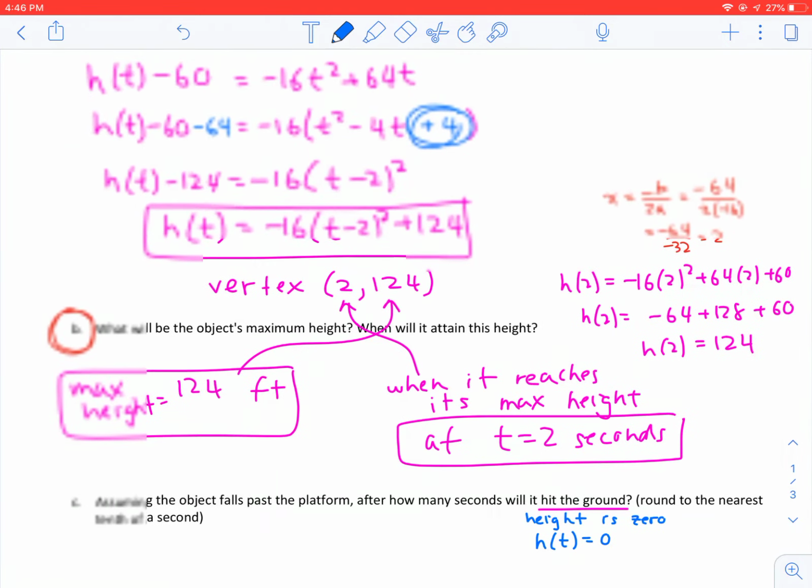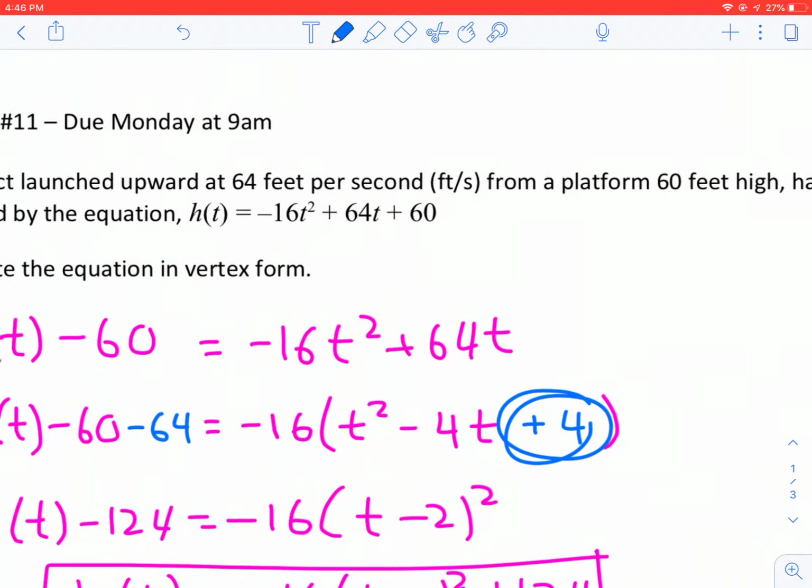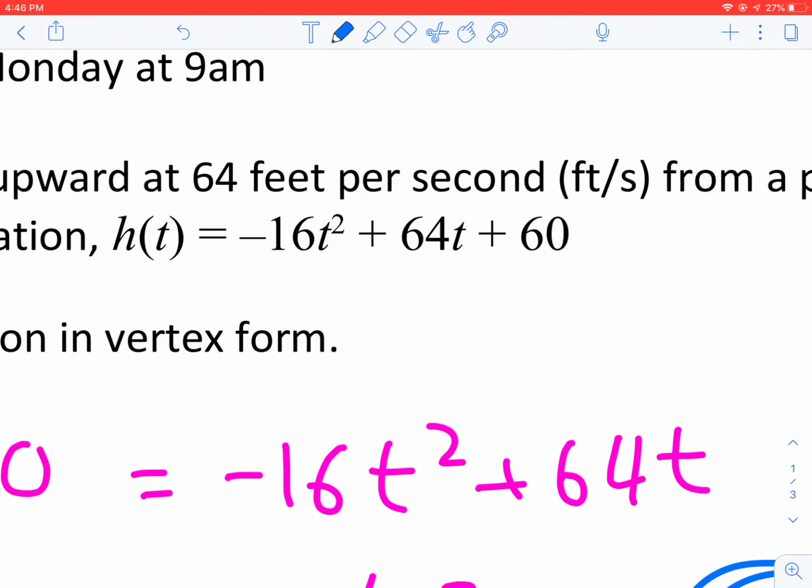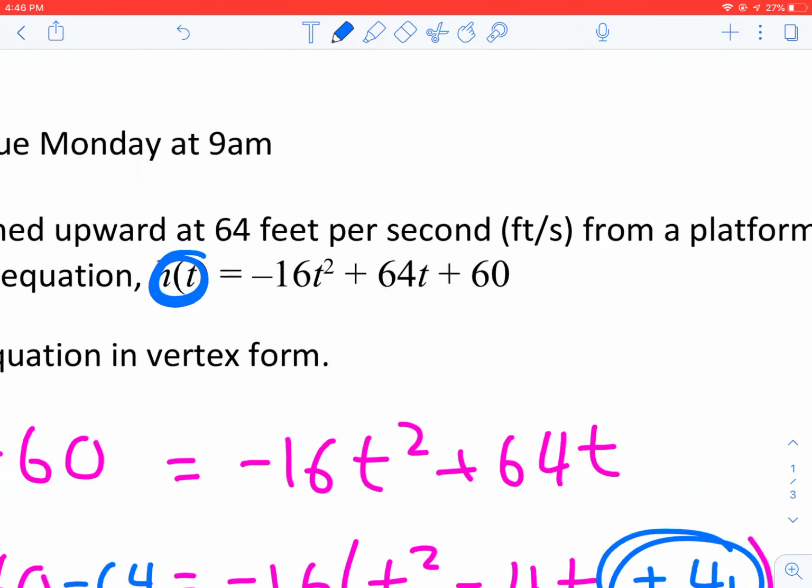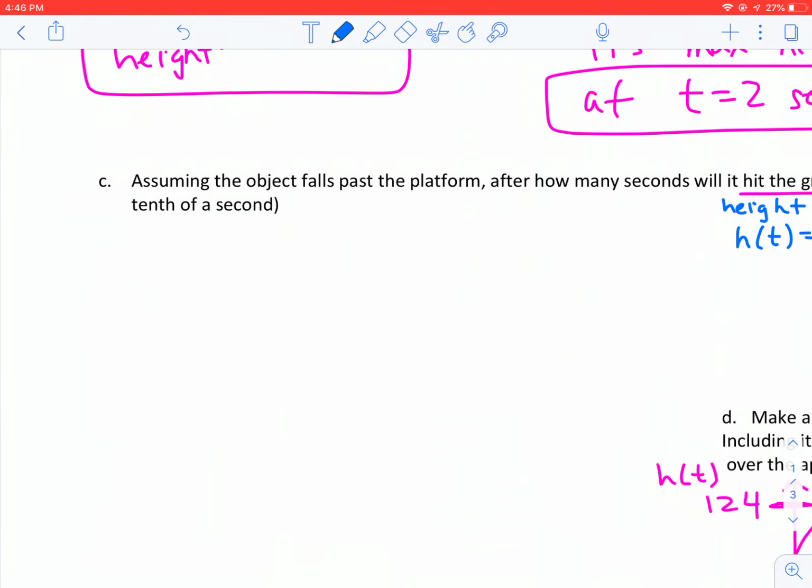So we make the height 0 and we solve the equation: 0 equals negative 16t squared plus 64t plus 60.